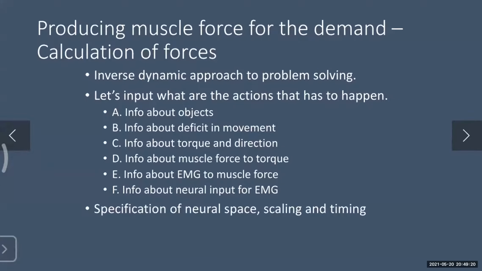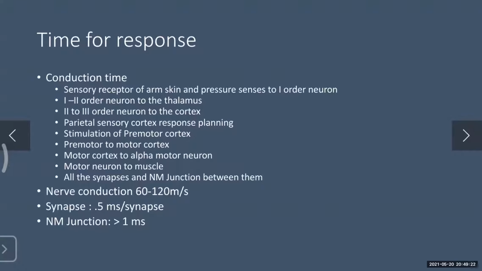Now if we calculate the time it requires for the sensory information to reach the brain, it needs to carry through the first and second order neuron to the thalamus, second to third order neuron to the cortex, right? Or if you have a visual sense, similarly, you have a particular pathway of neurons.